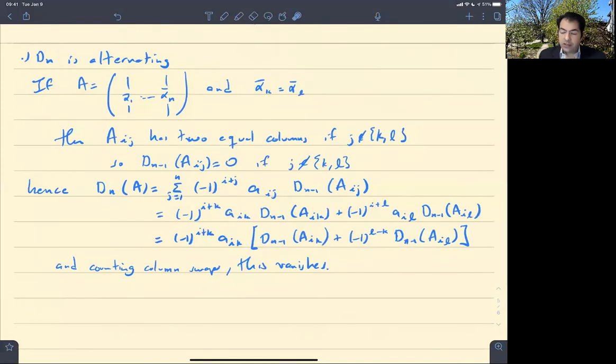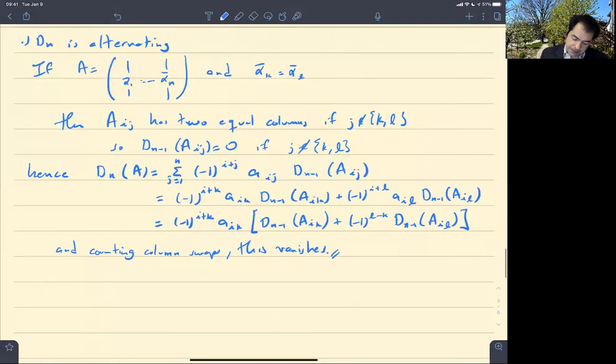I'll let you think about that. I recommend looking at the 3x3 case, for example, to see how it works, but it works the same way in general. And that shows that D_n is alternating. So finally, we need to check that it is normalized.